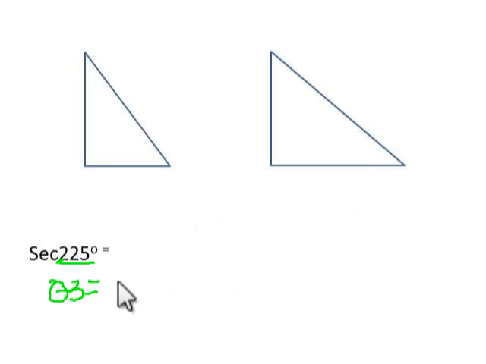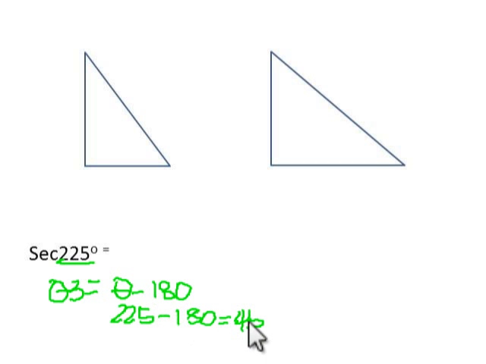That will be theta minus 180. Ang theta natin dito is 225, so papalitan lang natin to ng 225. That will be 225 minus 180, and that is equivalent to 45. So, ibig sabihin, ang reference angle ni 225 ay 45 degrees.